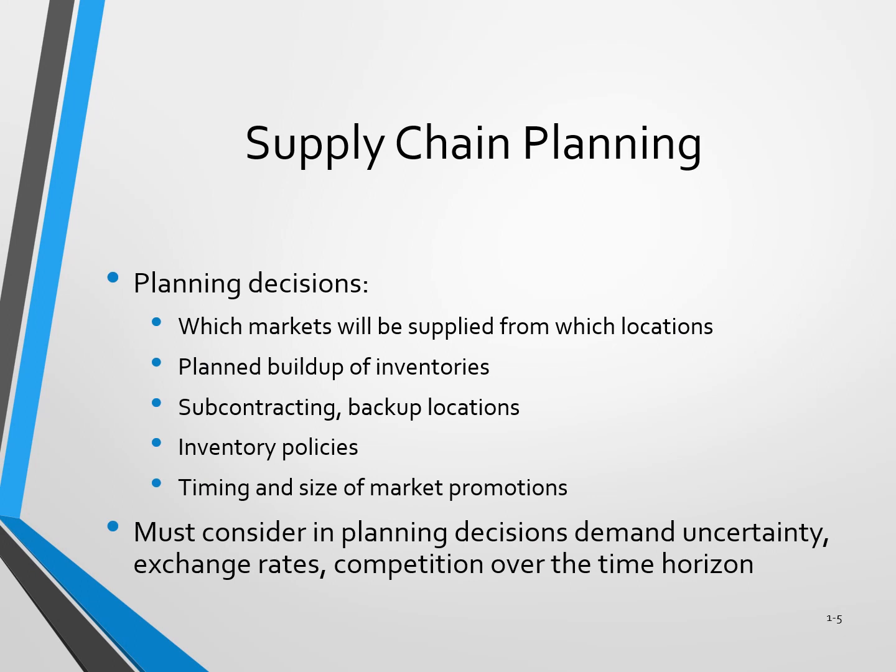Planning decisions include which markets will be supplied from which locations, planned buildup of inventories, subcontracting, backup locations, inventory policies, and timing and size of market promotions. We must consider demand uncertainty, exchange rates, and competition over the time horizon in planning decisions. So definitely when we are doing the planning, we need to focus on these individual subcomponents.